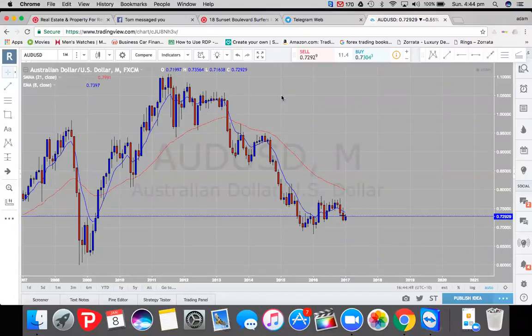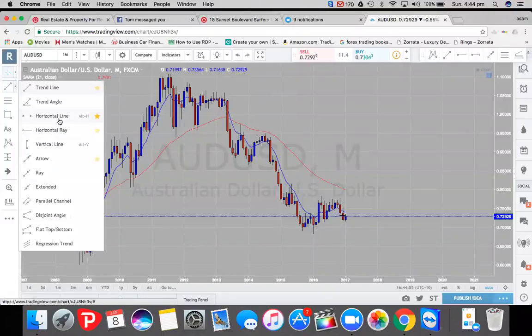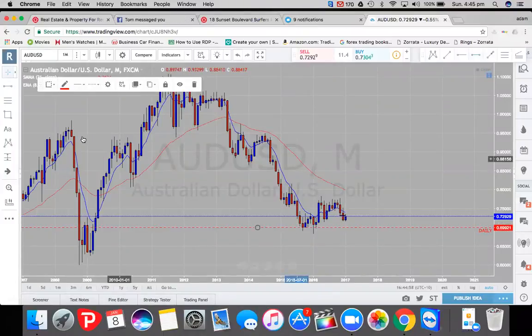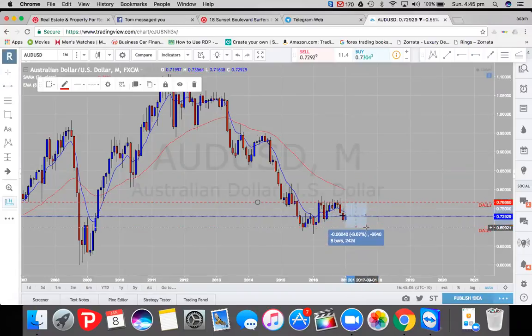You can't find a decent area within 1,000 pips to place them. What do you do? Australia, key AUD, guys. I'd have a key level there. A key level there. Okay, and that's 700 pips.